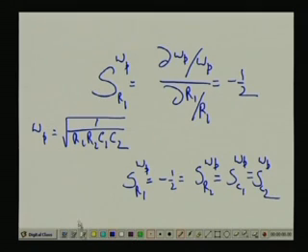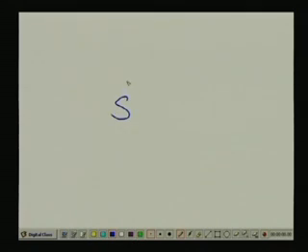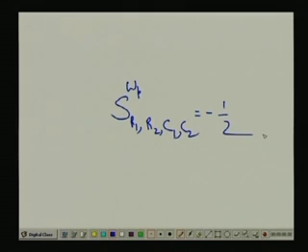In combined way we can write that the sensitivity of omega p with respect to R1 R2 C1 C2 equals minus half, right. So, this is sensitivity.